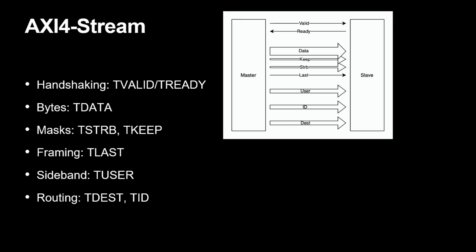AXI Stream is the basic data moving interface. And actually, if you take the specification, it has a lot of optional features. Actually, everything is optional except one signal. Can you guess which one?